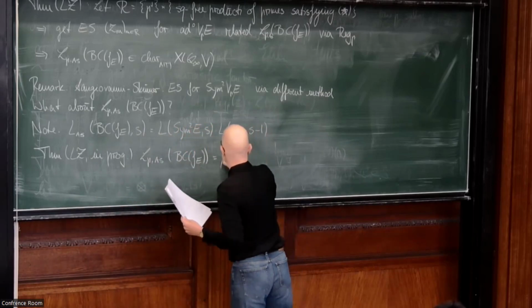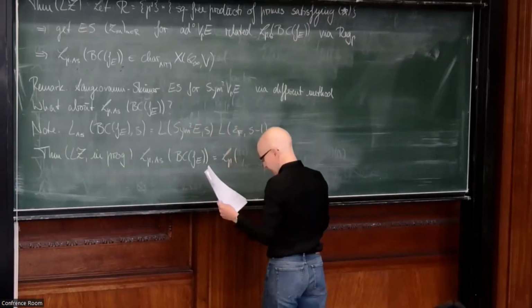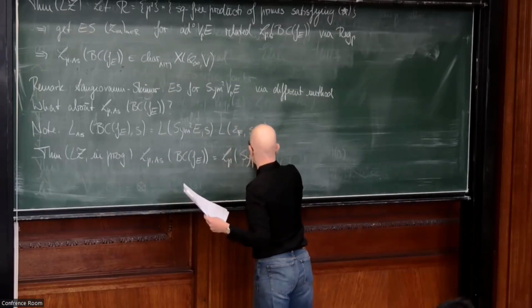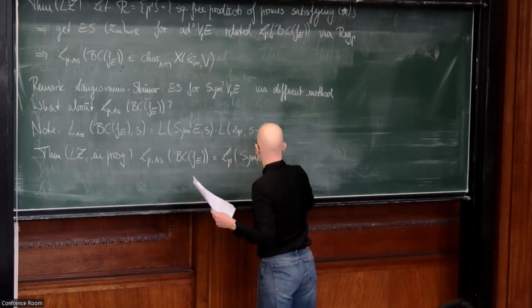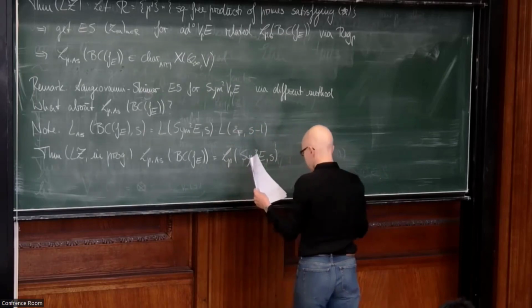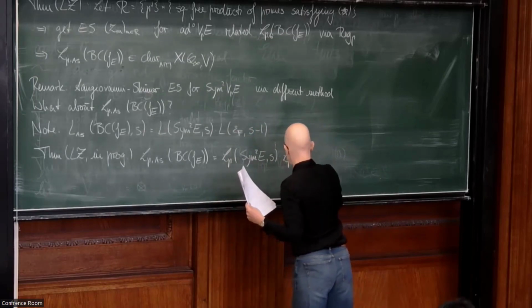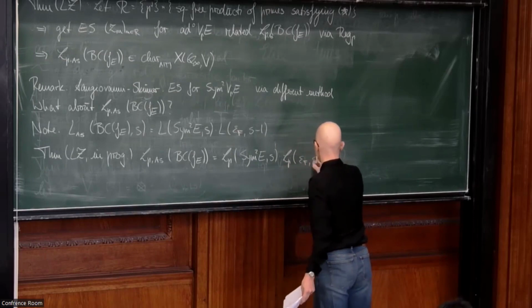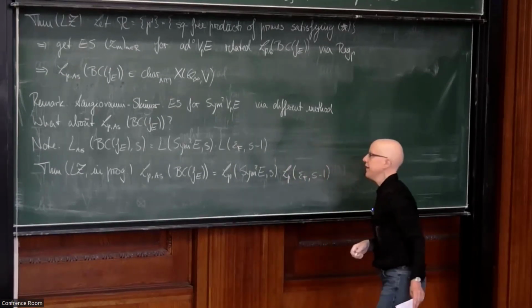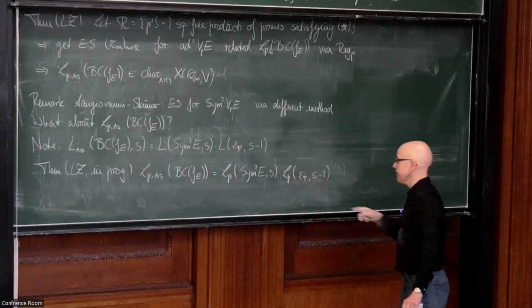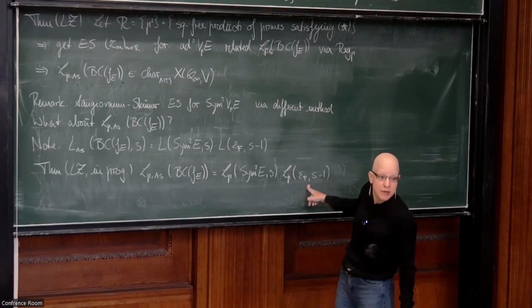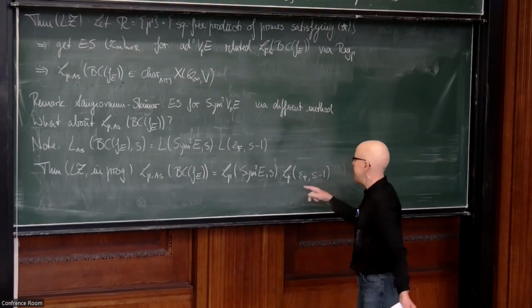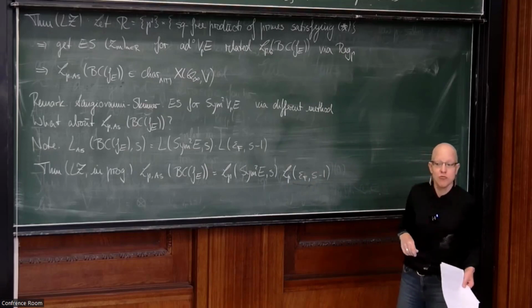Namely, it splits as the Coates-Schmidt p-adic L function times the p-adic L function attached to the character epsilon. Okay, well, that's fine. The question is, can we get rid of this? Can we choose F such that this here is actually a unit?